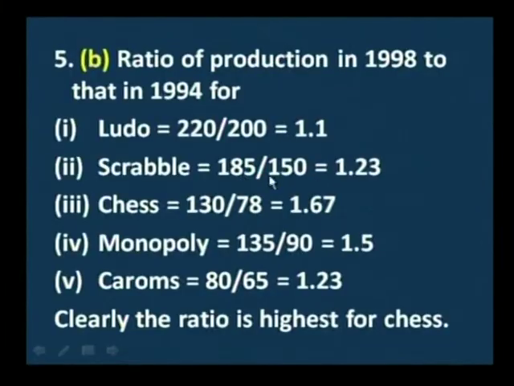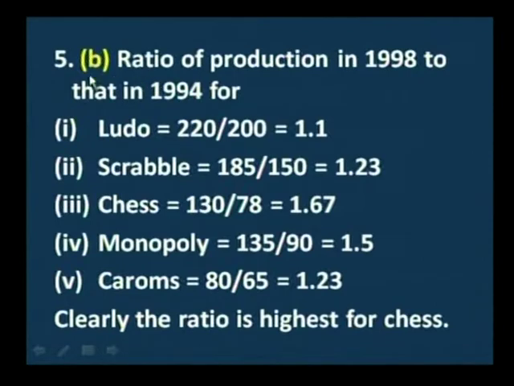Therefore, which is the toy which is having a continuous increase? The option has to be D, that is monopoly. So, this is a simple little table problem that we have started with, and this is how your entire tables look like. This is how the entire analysis looks like.